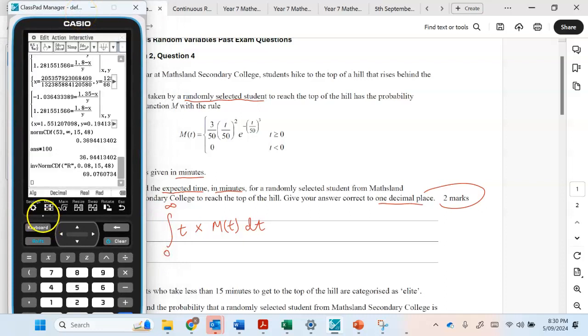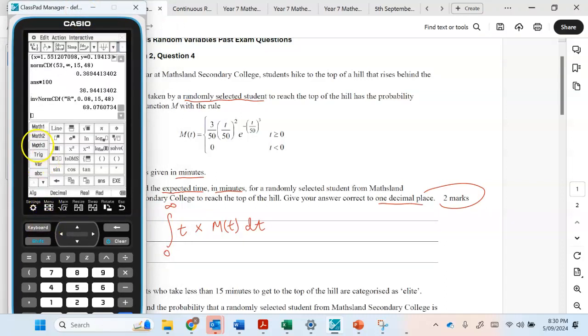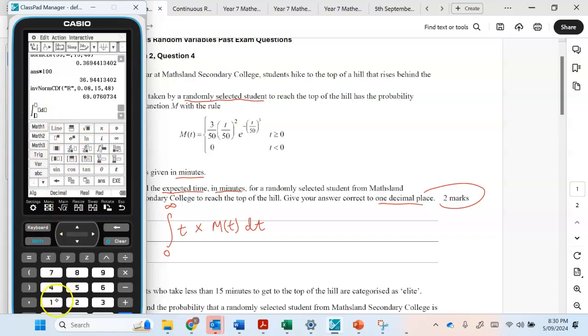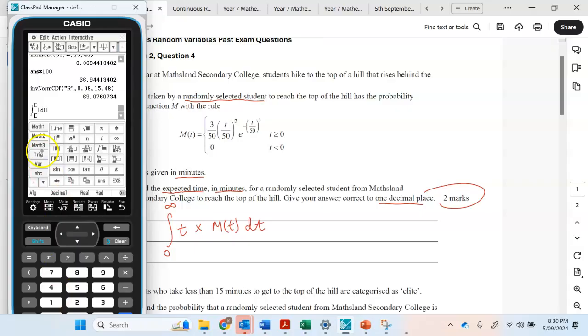Where is my definite integral? All right, we're going from 0. I'm just going to have to flick it over because it's so annoying. From 0 to infinity. It's a big one to put in, so just take your time.